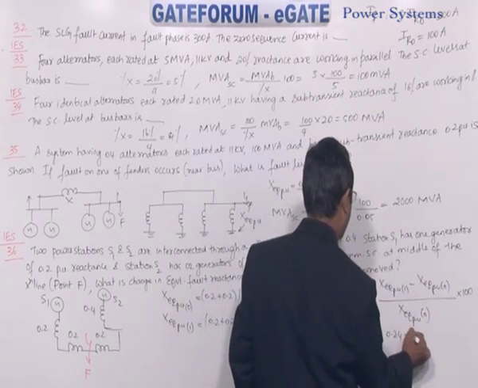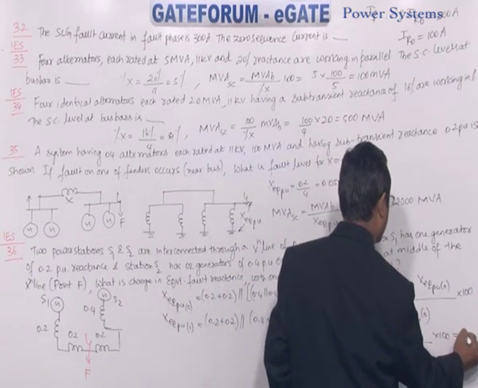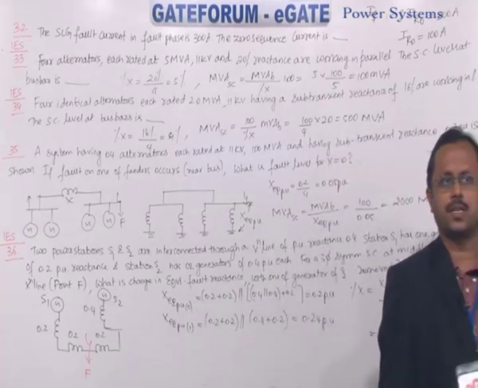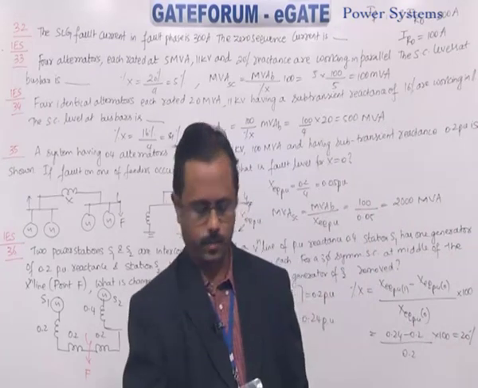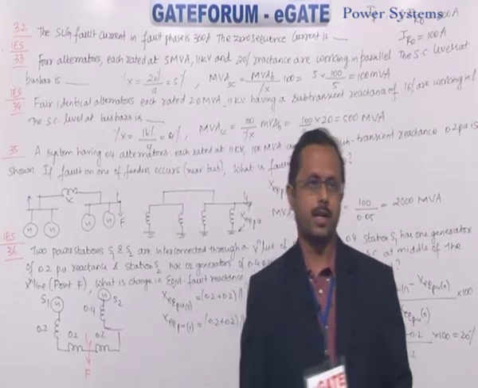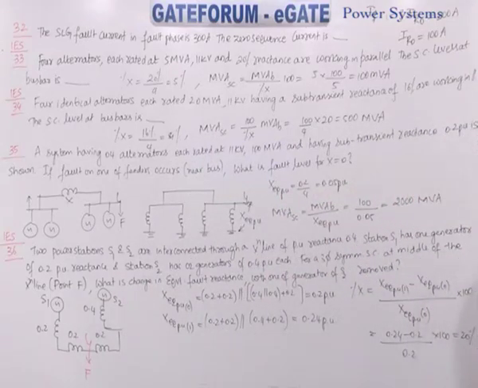So 0.24 minus 0.2 divided by this value. How much do you get for that percentage reactance? You get percentage reactance equal to 20% here. So this is how you calculate the percentage reactance.